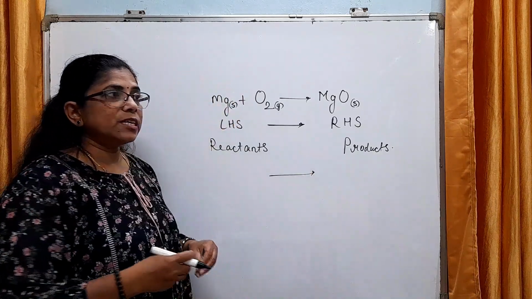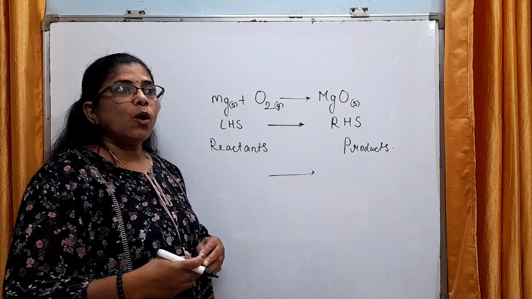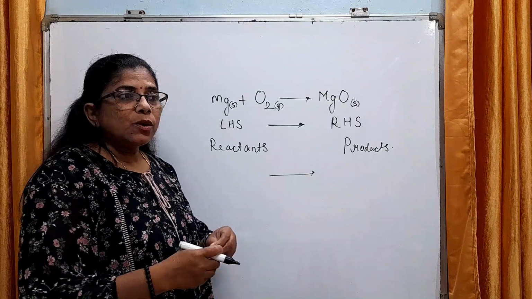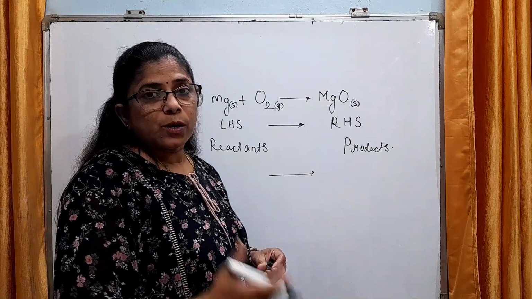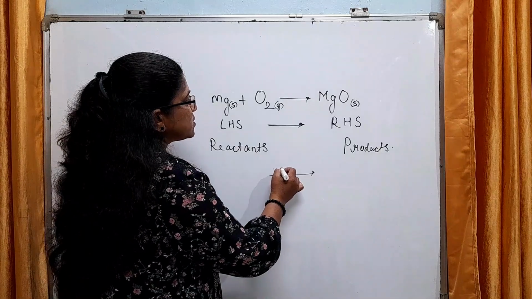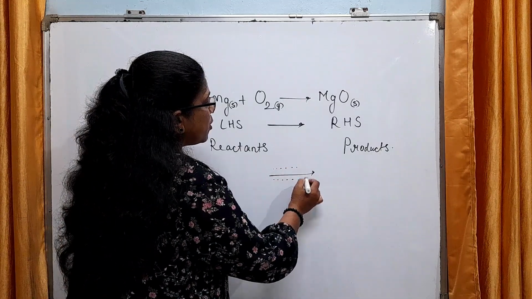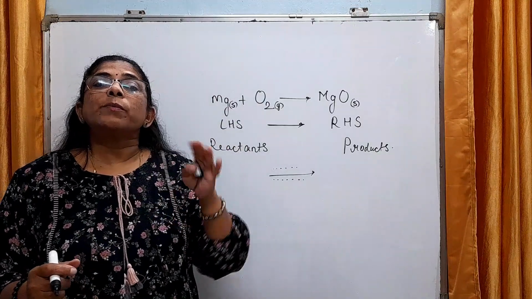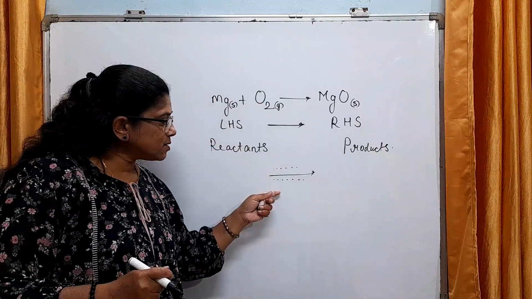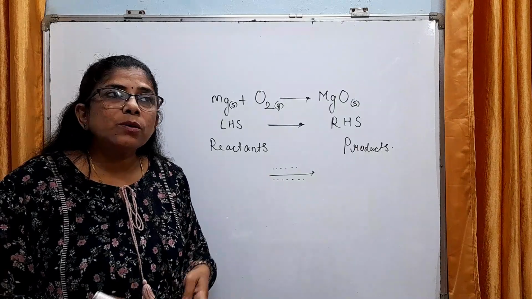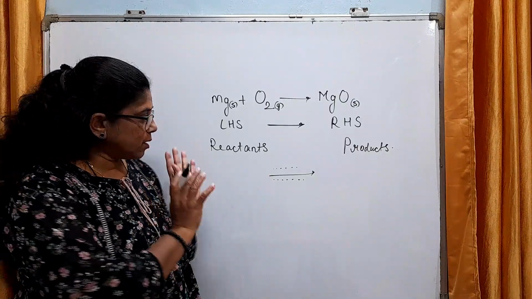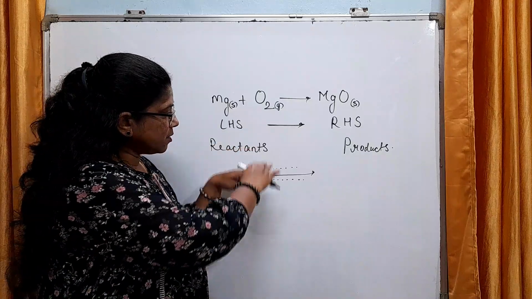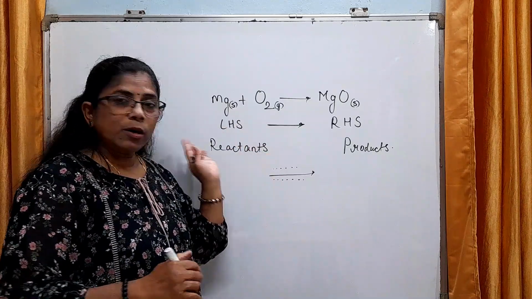For example, any specific pressure or any particular temperature or compulsory heating, if it is required, then all these conditions are written above or below this arrow. Sometimes in few reactions there is requirement of catalyst, so even that is written on this arrow. So the conditions which are involved in that particular reaction are written above or below the arrow.